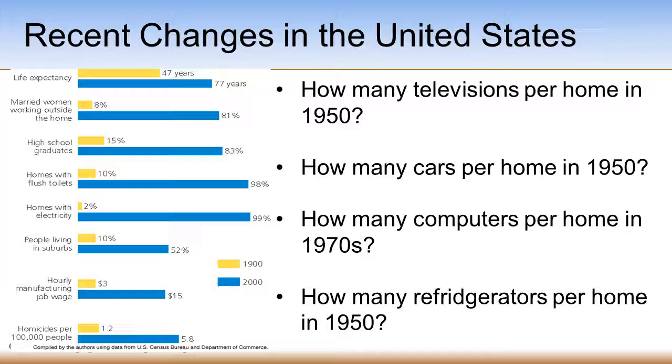Bigger home means bigger, more resources that need to be used to construct that home, as well as more resources need to be used to provide water to the home and heating and cooling to the home as well. So these changes that have happened in the United States have contributed to our high ecological footprint that we have as a nation.